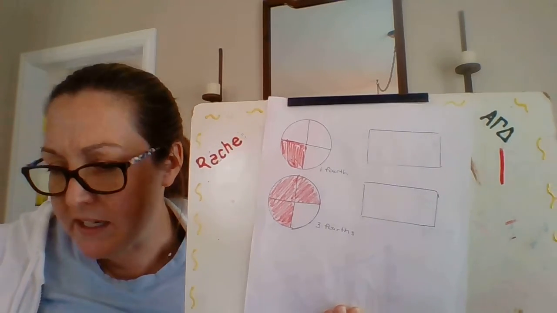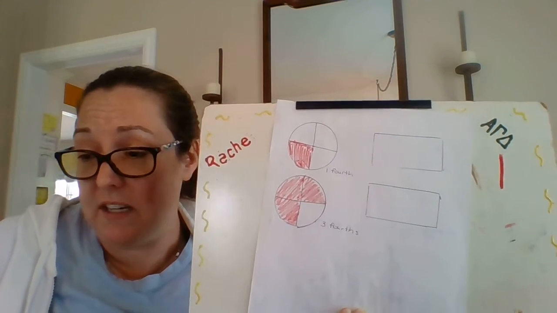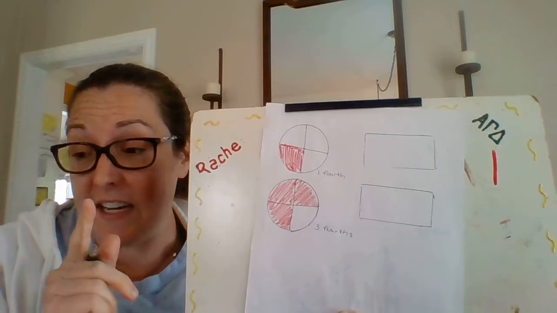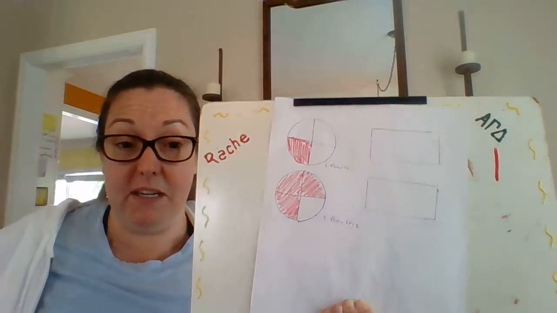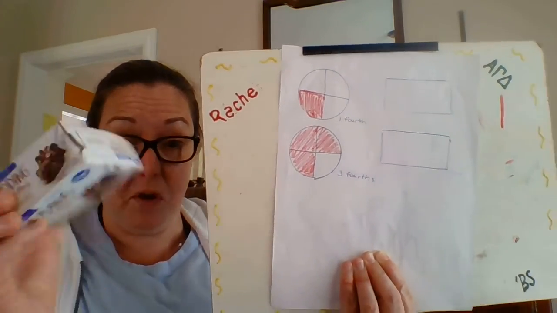Now, a rectangle can also be divided into fourths. In fact, I just realized I need a 3rd rectangle here. So pause me and draw a 3rd rectangle if you need to, so that you'll have 3 of them. We're going to do 3 different ways to show fourths.